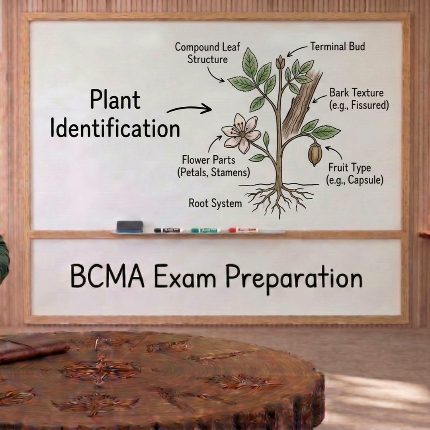Tree selection involves understanding hardiness, adaptability, provenance, and landscape function. And arborists must consider biodiversity, native species, and invasive species when managing urban forests. When these concepts come together, plant identification becomes more than memorization. It becomes a practical tool for diagnosing problems, selecting appropriate trees, and managing healthy landscapes.